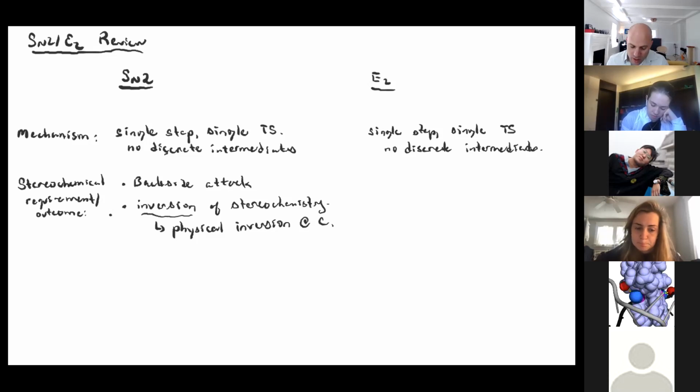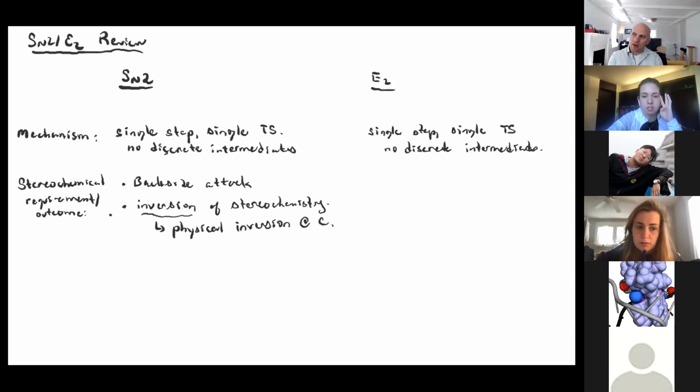And then how about the E2 elimination? What's the stereochemical requirement for that? Yeah, Caroline. Would it be the alkenization of the molecule along an alpha-beta bond? Yeah, and elimination of a beta hydrogen?